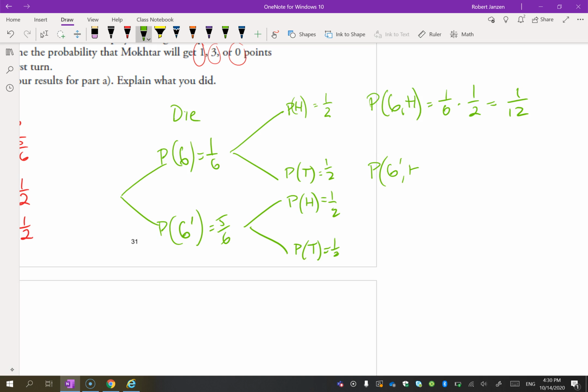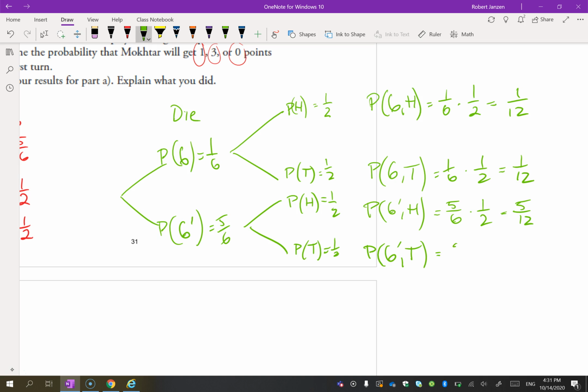Okay, probability of 6 and tails. This is 1 out of 6 times 1 out of 2, which is also 1 out of 12. And then we have the probability of not 6 and heads. This is 5 out of 6 times 1 out of 2, which is 5 out of 12. And the probability of not 6 and tails is 5 out of 6 times 1 out of 2, which is also 5 out of 12.